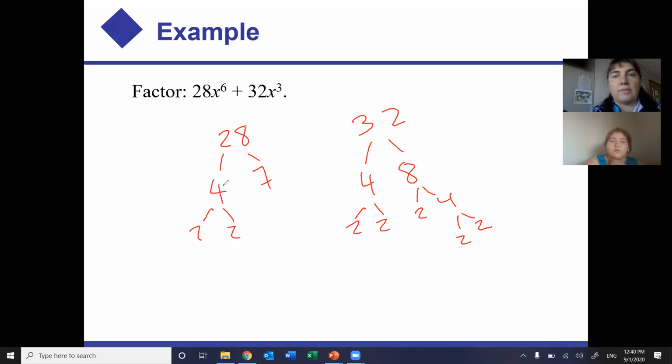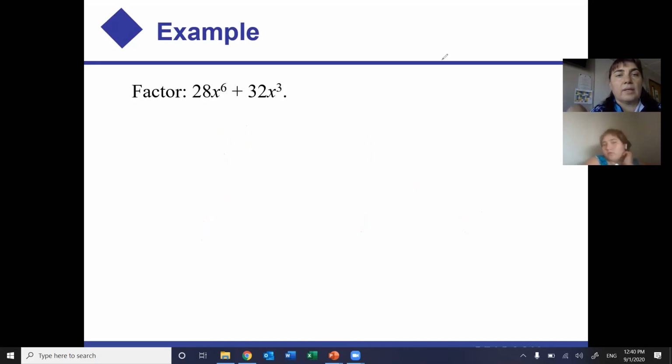So we're going to go after 4. Okay, so it's going to be 4. How about the x's? How many? 3? Okay. X cubed. So 4 times 7 was 28, so it's going to be 7. And how many x's, Carissa? 3, that's correct. So x cubed plus, what number is it? 4 times 8. How many x's? That's correct.